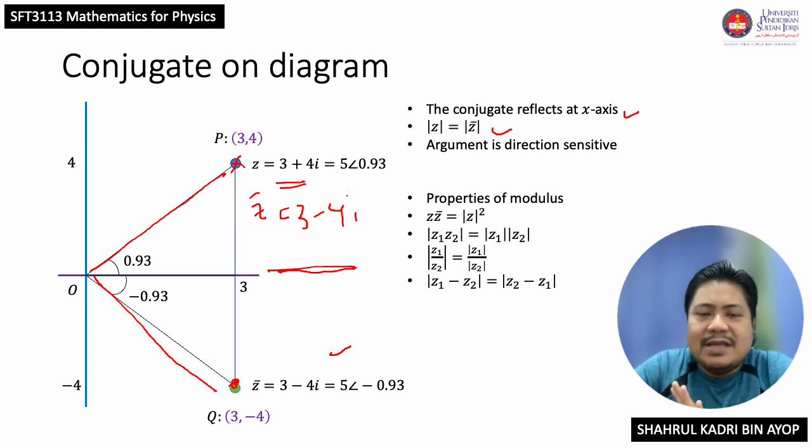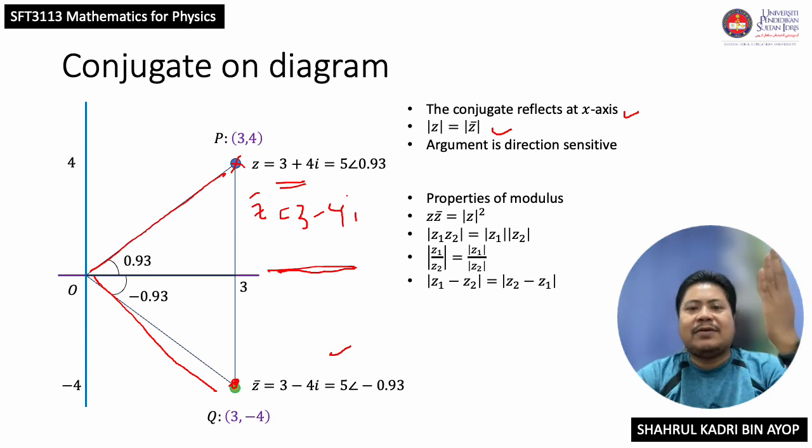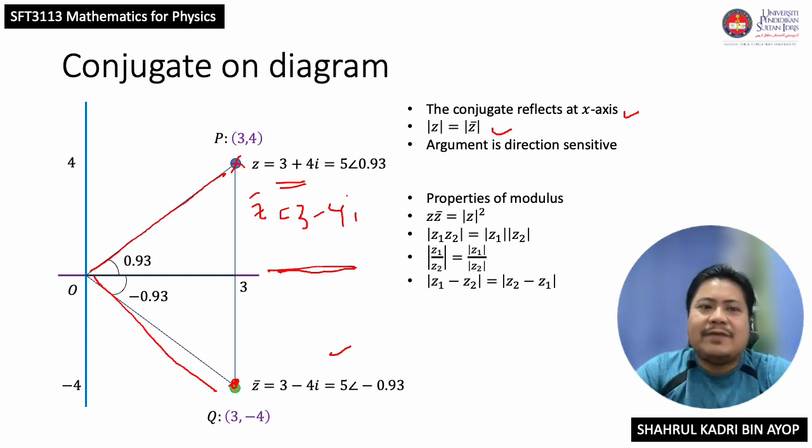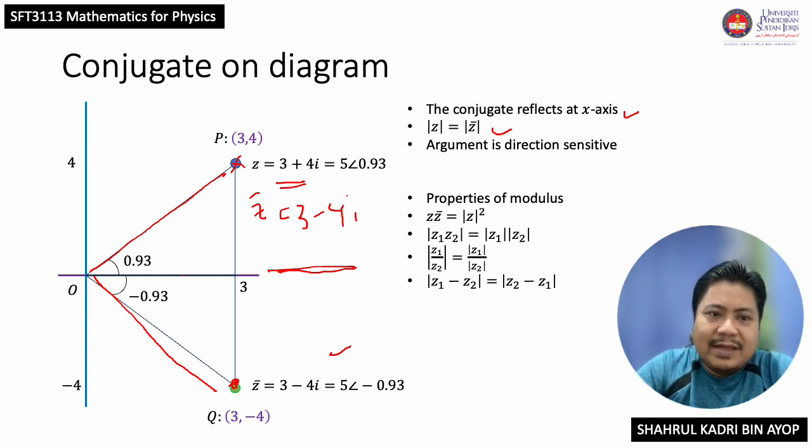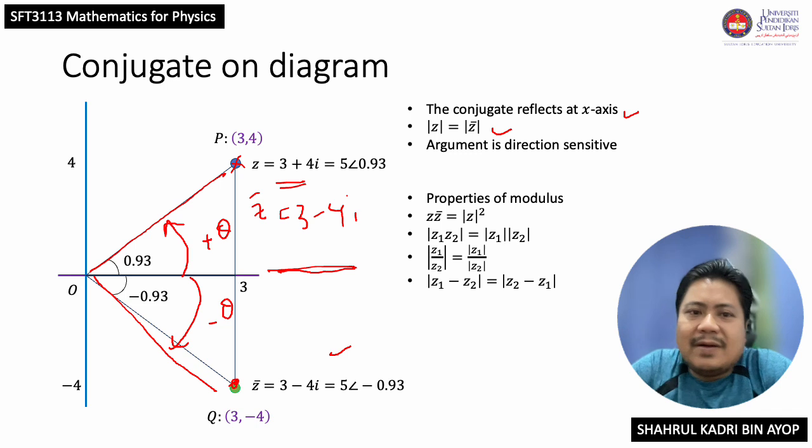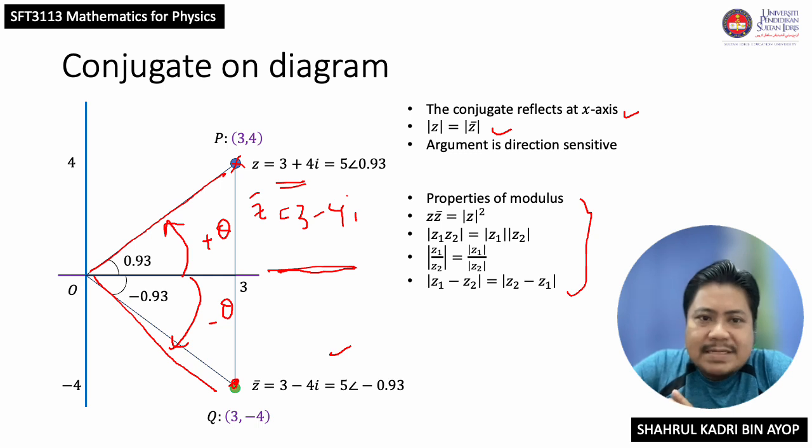The argument is direction sensitive: this is positive theta and this is negative theta.